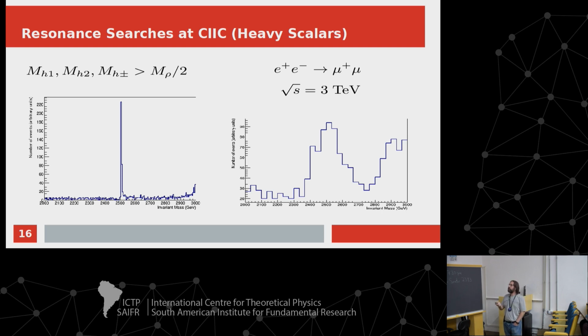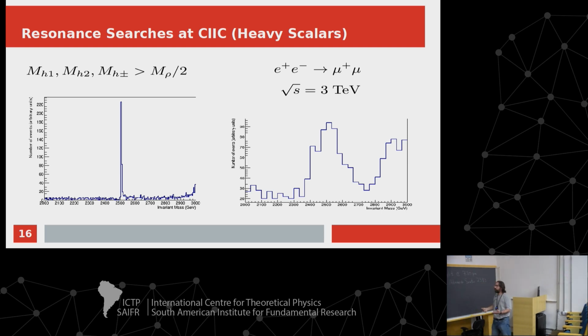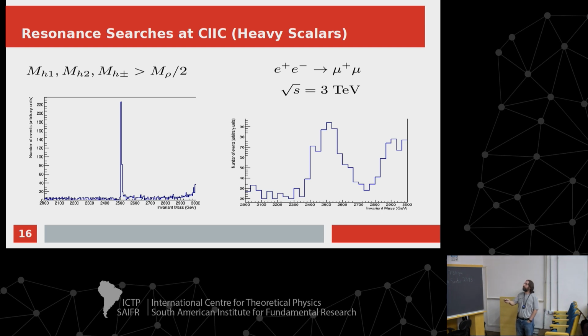In this calculation, we considered the case where the scalars are heavier than 1/2 of the new vector resonance mass. And we also considered the smearing of the momenta, so our resonances are quite broad.